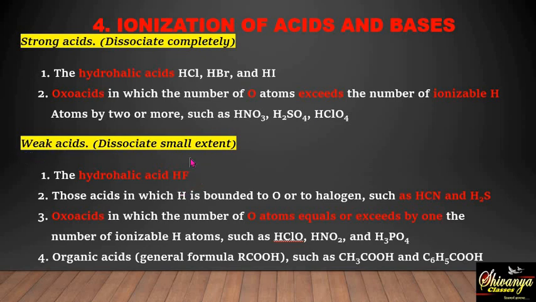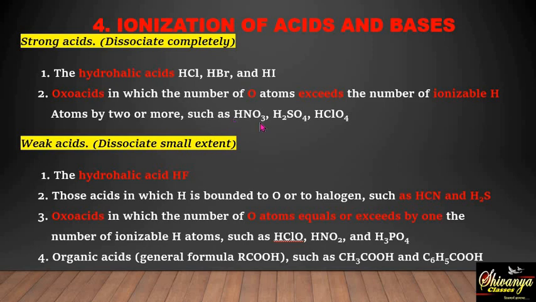Now the second, that is weak acids. Weak acids: first, hydrogen fluoride. Second, the acids in which H is bonded to a halogen or other atom, for example HCN or H2S. Third is oxacids, in which the number of O atoms is equal to, or exceeds by 1, the number of ionizable hydrogen atoms.